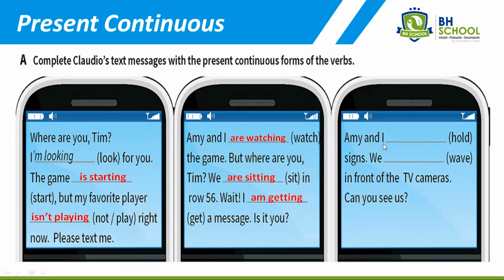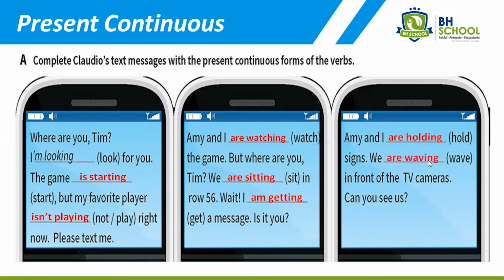Again, Amy and I. Okay, the verb be and hold. Very good. Are holding. And the last one, we and wait. What happened with wait? It finished in E. Yes, I have to omit the E and write ing.